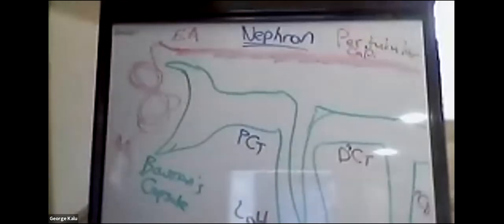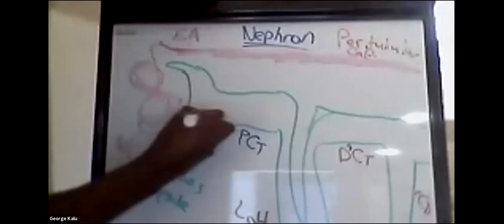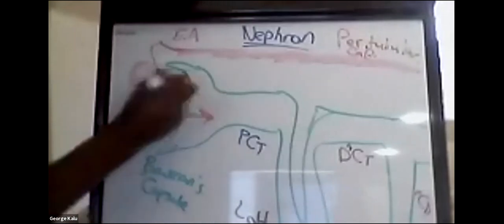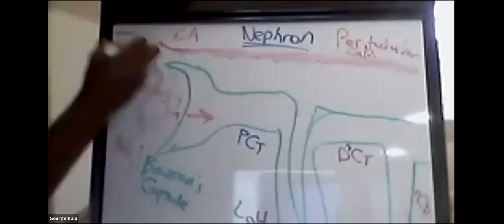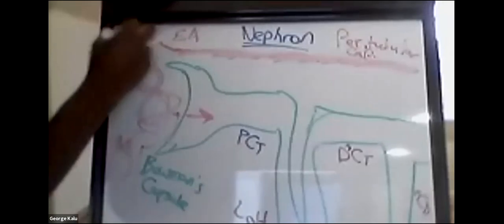The first process we're going to have is filtration. Let me draw this in. So filtration into the glomerular capillaries, or from the glomerular capillaries into Bowman space. So this is, I'll just put it up here, filtration. Sorry, it's a little messy.